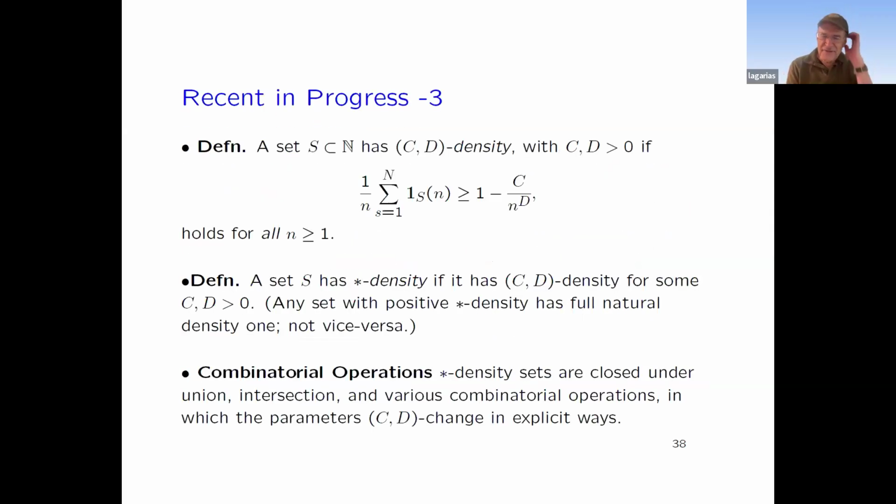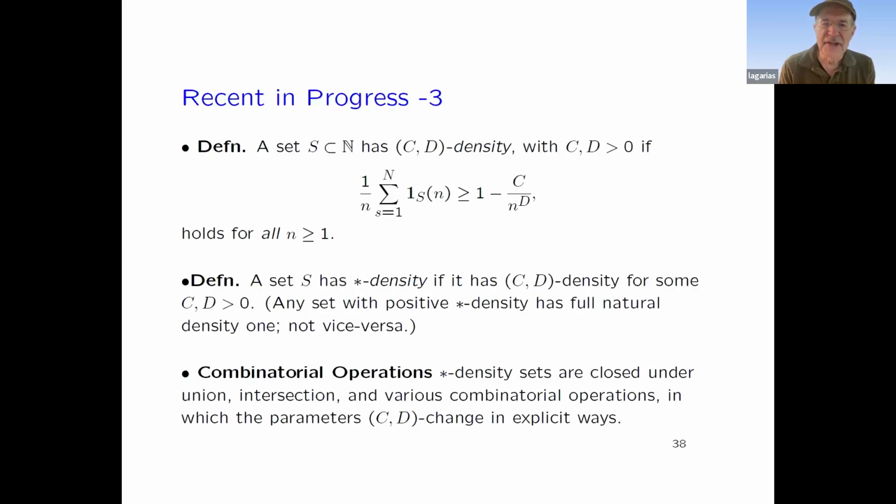So the idea of this is that to prove density 1, you try to prove an even stronger result, which is more like a Schnirelmann density. It says that the partial sums are bigger than 1 over a constant times n to the d. So it allows a polynomial decay, and it allows an arbitrarily large constant c at the beginning.